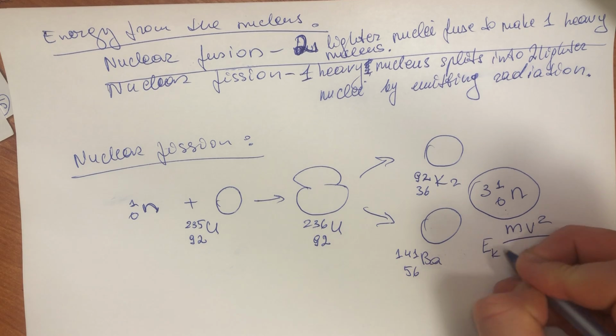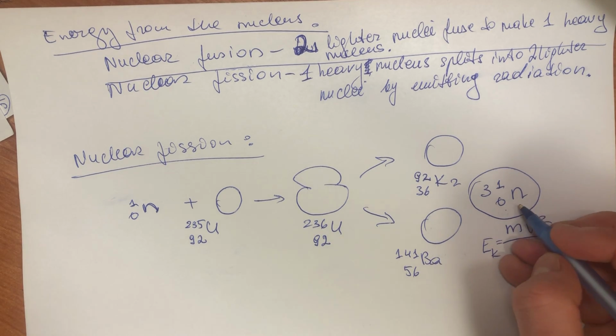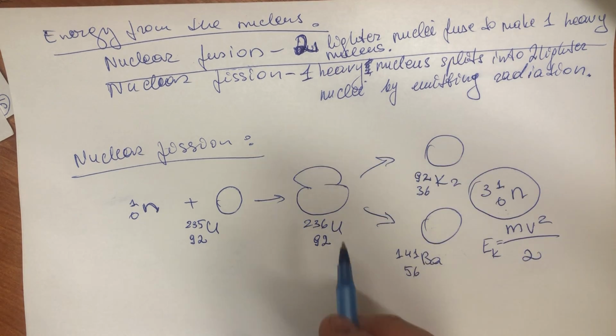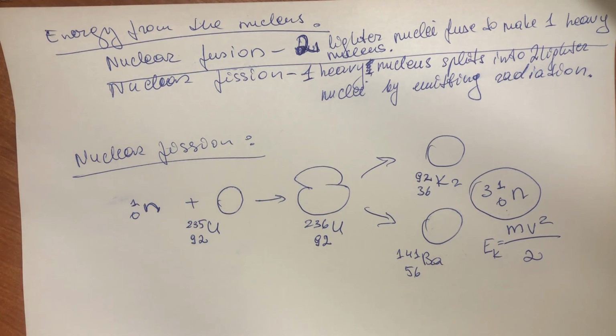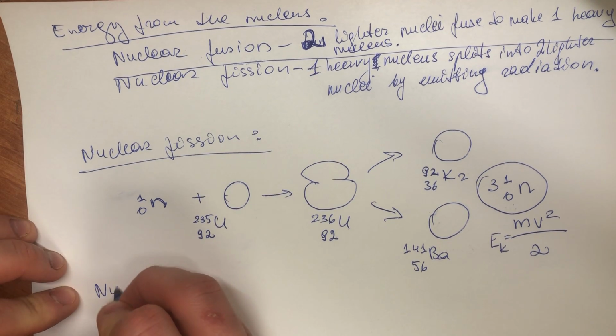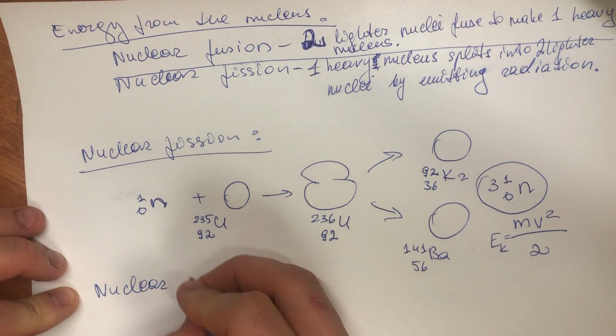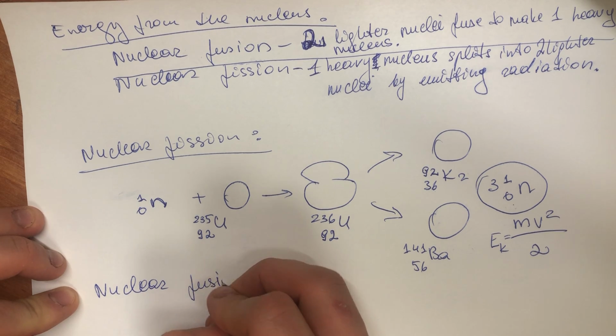So the kinetic energy released in neutrons is the energy from nuclear fission. Now nuclear fusion.